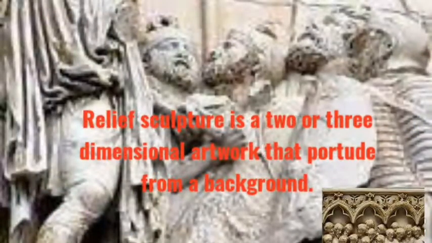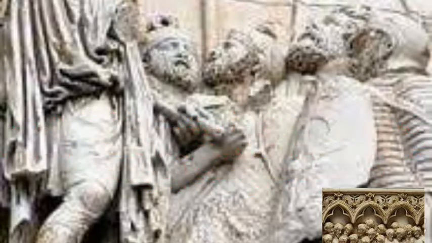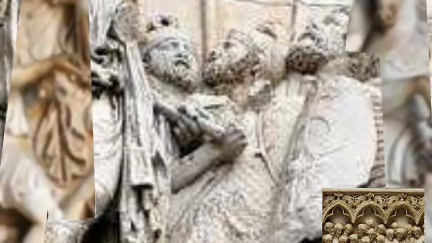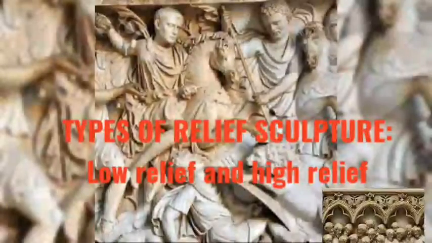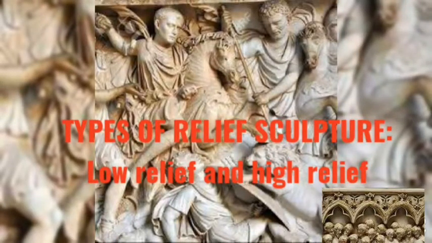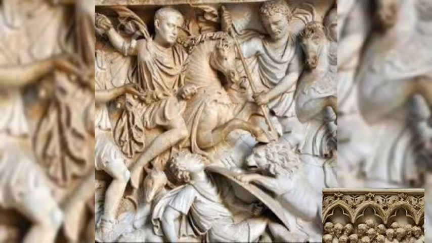What is relief sculpture? Relief sculpture is the act of modeling or carving in a background so that a sculptural piece protrudes. We have different types of relief sculpture: low relief sculpture and high relief sculpture.